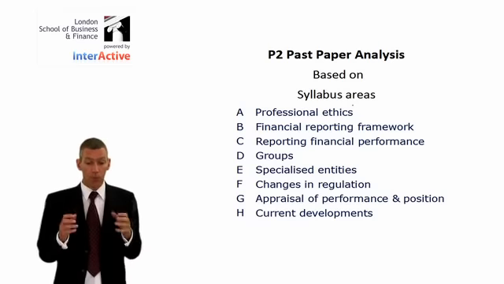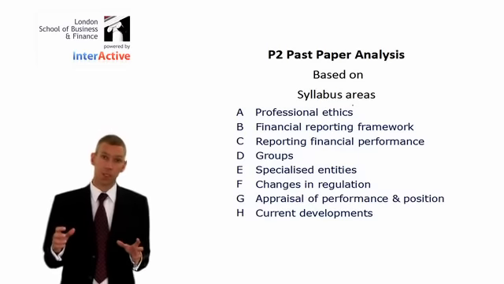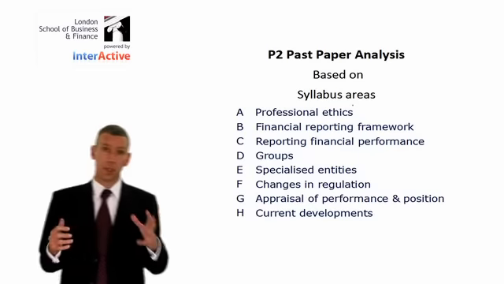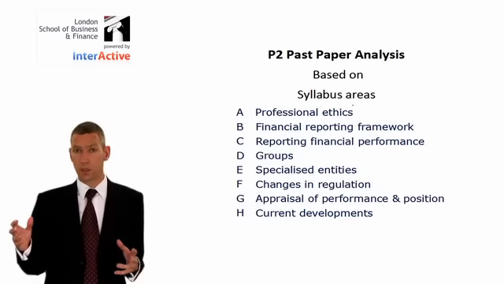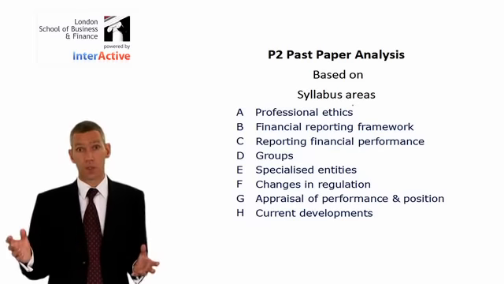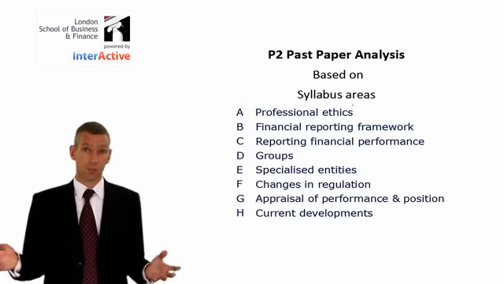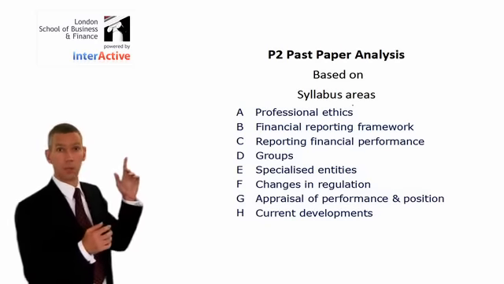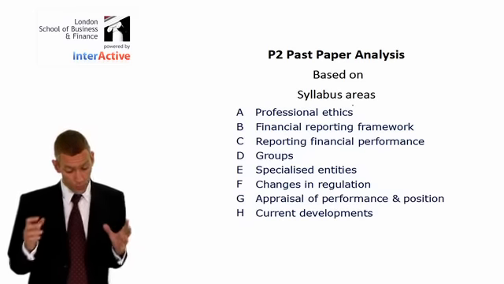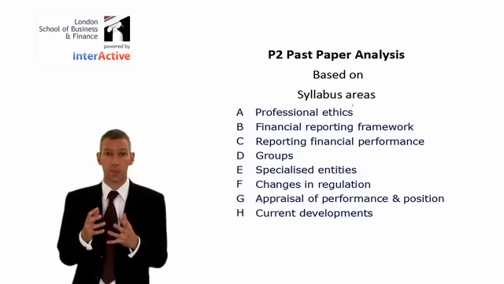So, reporting financial performance is what we call the accounting. That's the accounting standards such as leasing, revenue recognition, accounting for inventory, accounting for financial instruments, just accounting. So any accounting ends up in C, which is reporting financial performance, and D, groups, is just what it sounds like. It's the process of consolidation.